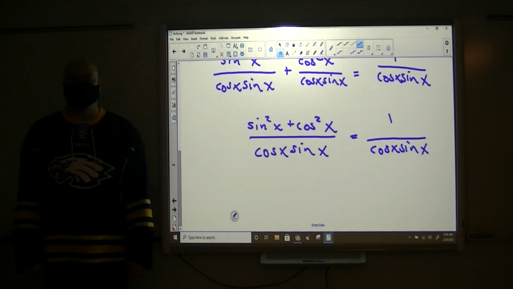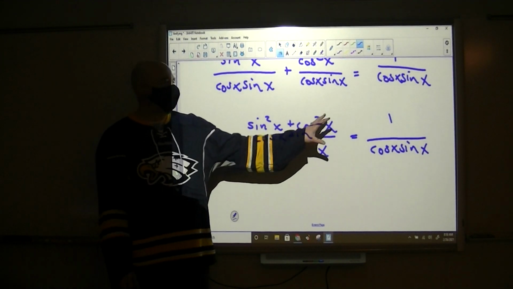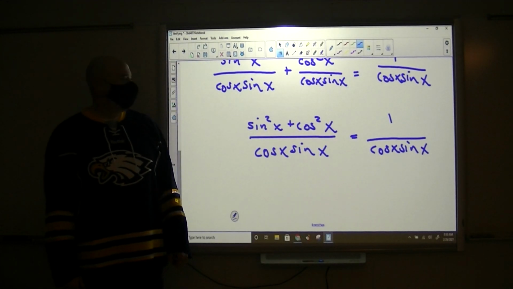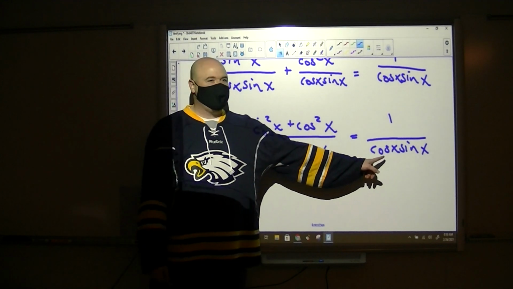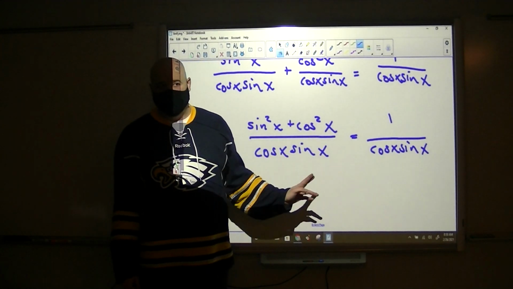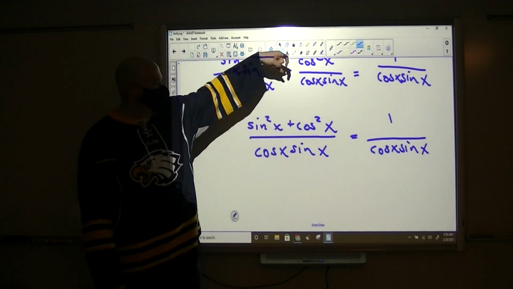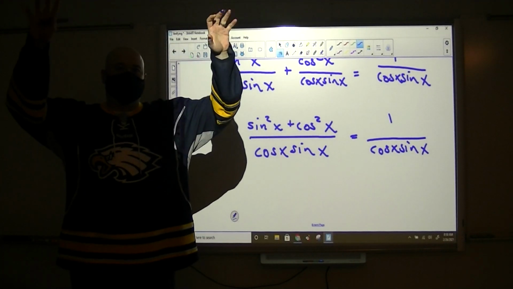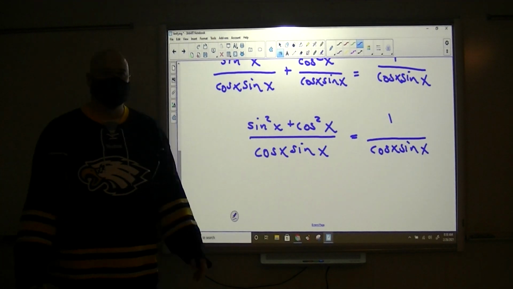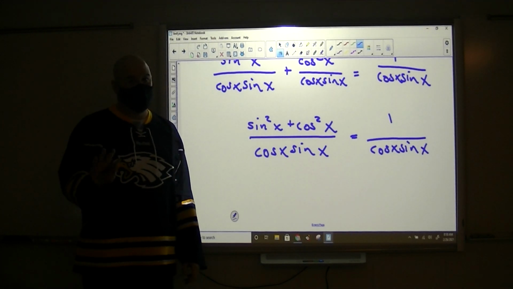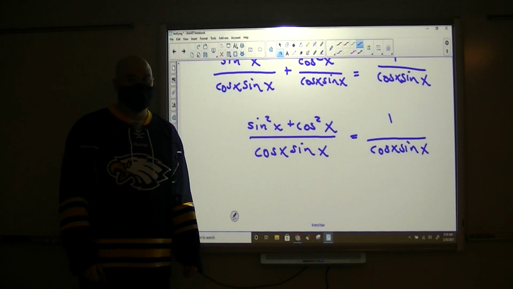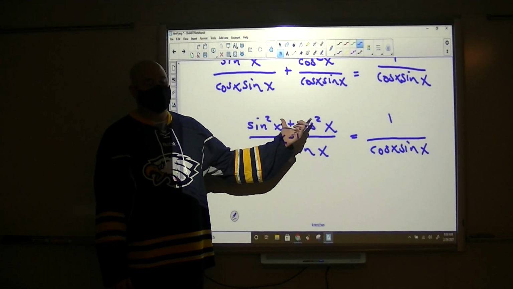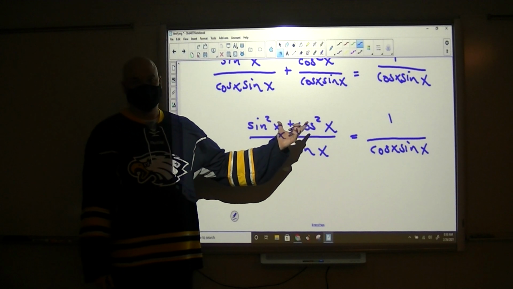Now let's look at this. What's our job? Our job is to make this side look like that side. How close are we? We're not that far away because the denominators are the same. And then you look in the numerator. And the bells are going off in your brain. If you've done enough of these, you should know what's coming next. What is sine squared x plus cosine squared x equal to?